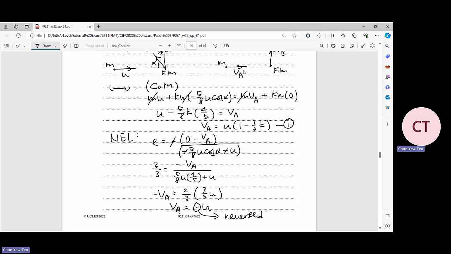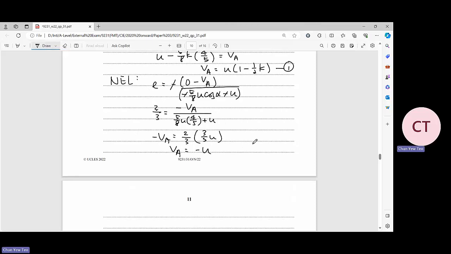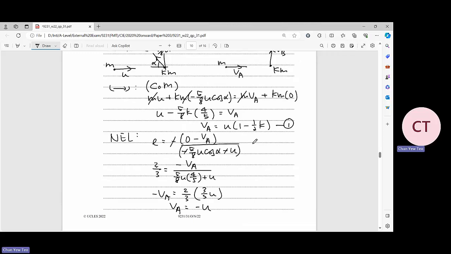So my assumption just now was wrong, but it's okay. If you make an assumption in the wrong direction, it doesn't matter, because the calculation shows that it has reversed. No problem. So we can just write v_A as negative u. But we haven't found k yet. So this one is the second equation.